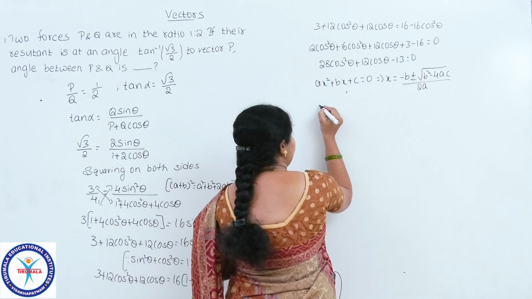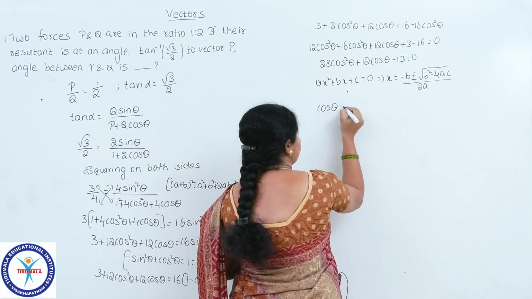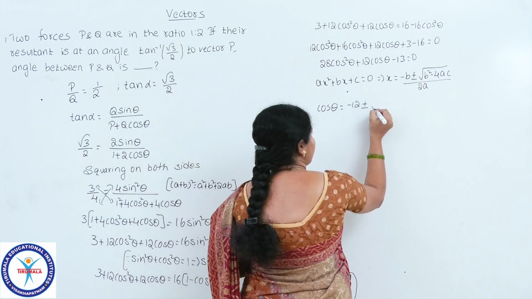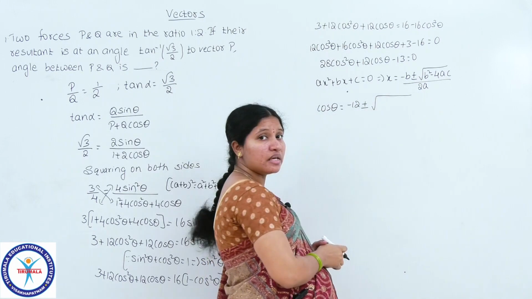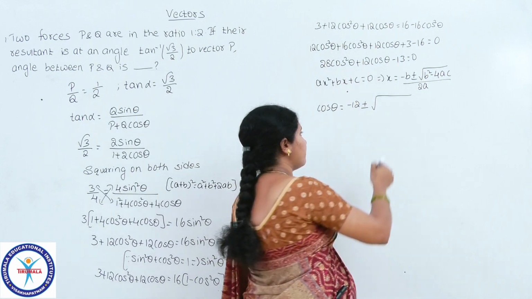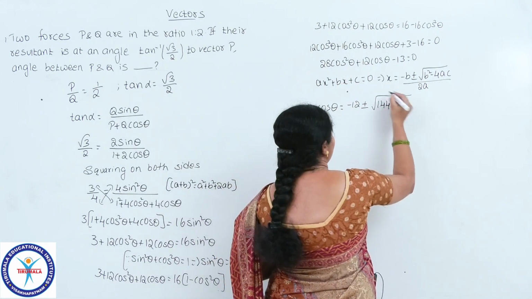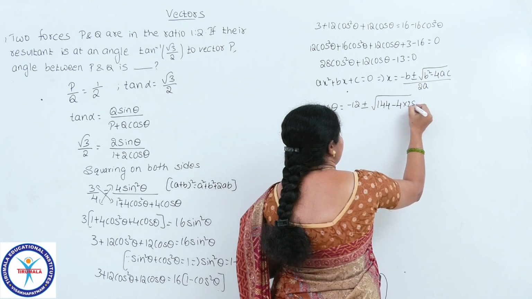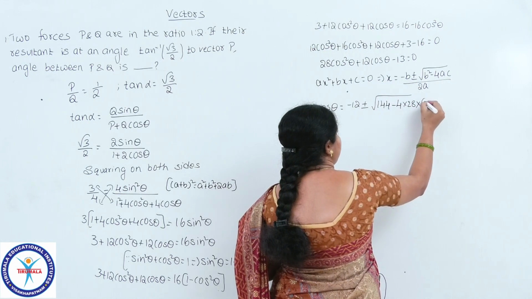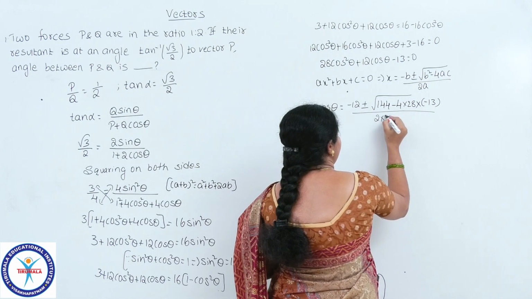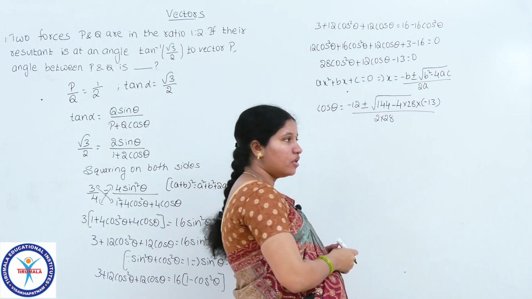So cos theta equals minus b, that is minus 12, plus or minus square root of b square, 12 square, 144, minus 4 into 28 into c value, which is minus 13, divided by 2 into 28.